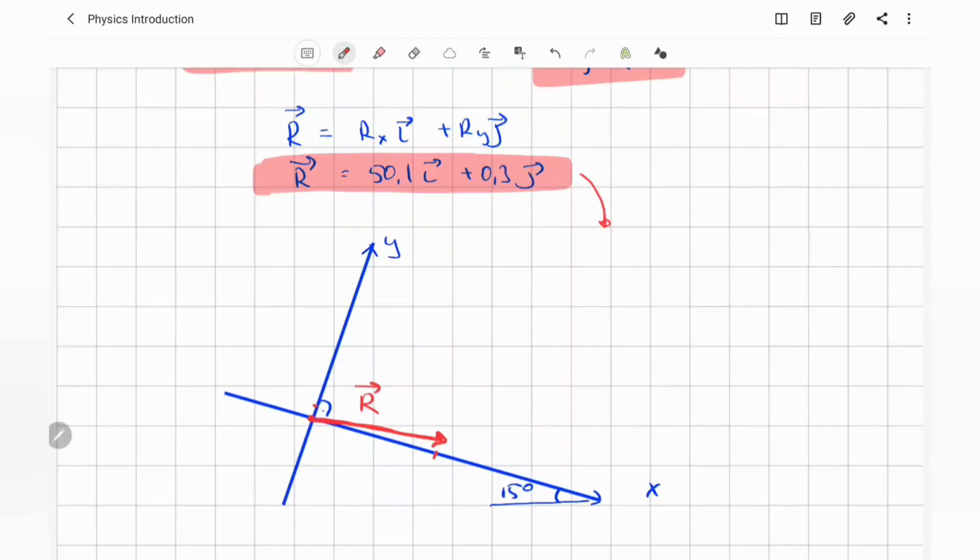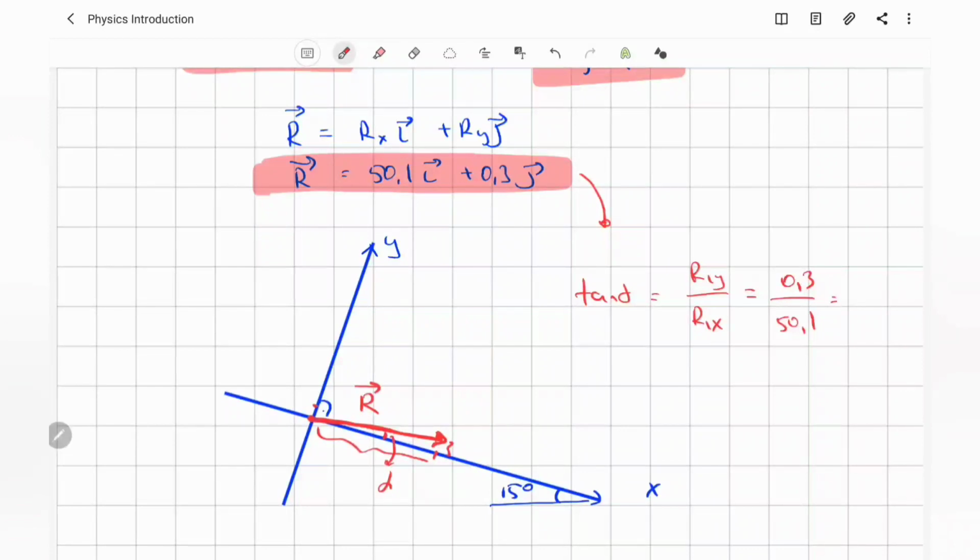Of course you can find this direction, but this angle is, as you see, very small. Let's call it alpha. We can find this angle. Tangent alpha equals the resultant vector's y component divided by the x component. This part is the y component, this base is the x component. So 0.3 over 50.1, I'm sure it will give us a very small angle.